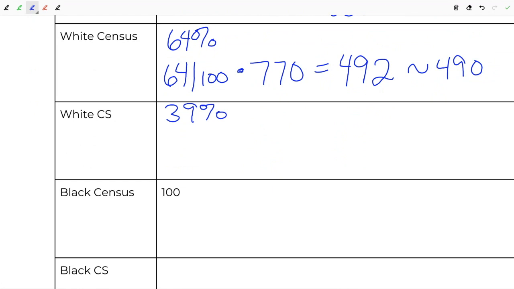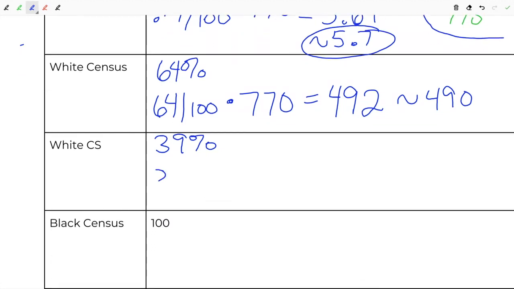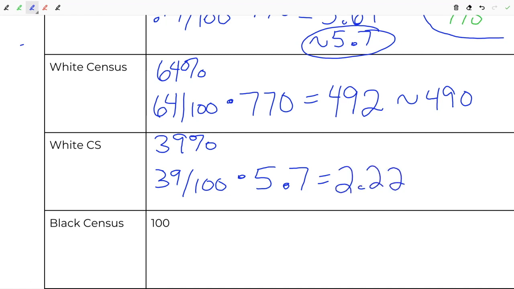And then we know that 39% of people in the correctional system are white. Again, this is 39% of 5.7, not 39% of 490. So 39 per 100 times, oops, got ahead of myself, times 5.7 equals 2.22, which turns into 2.2.